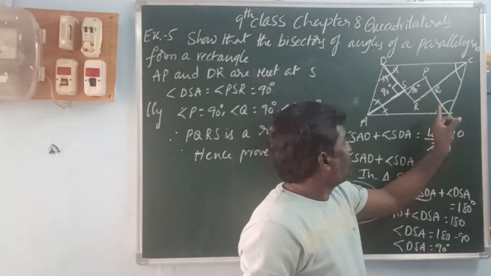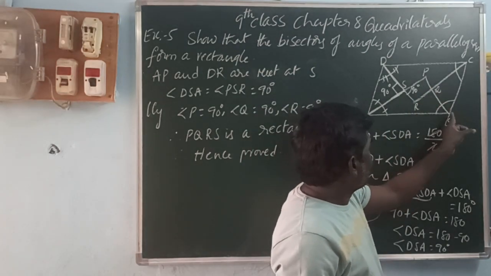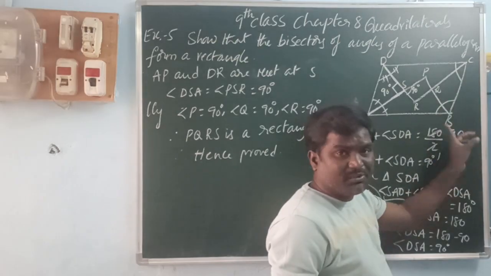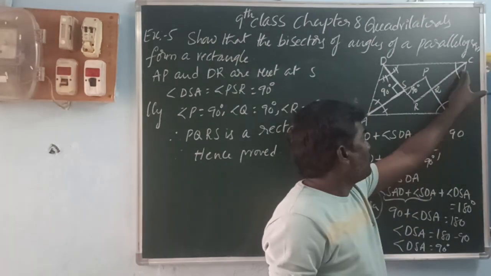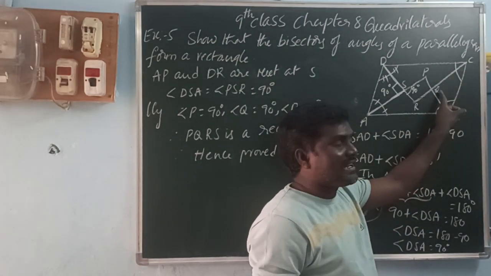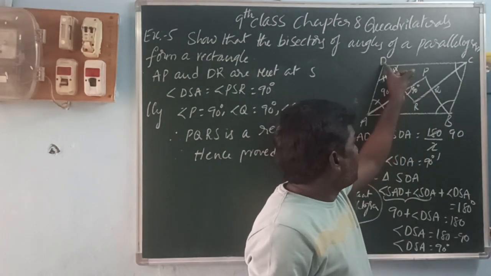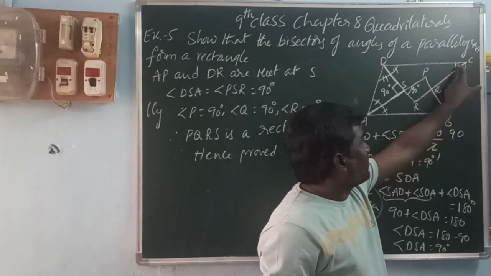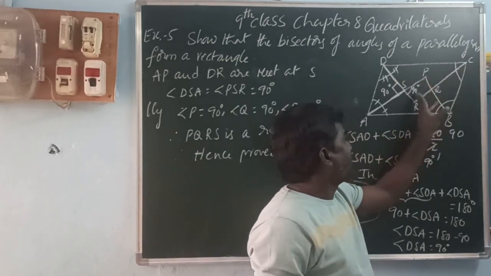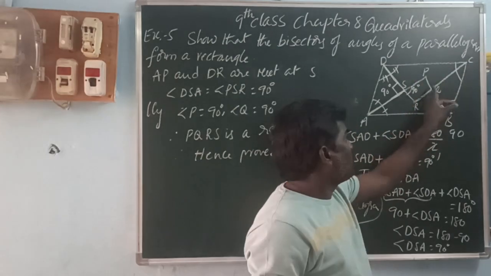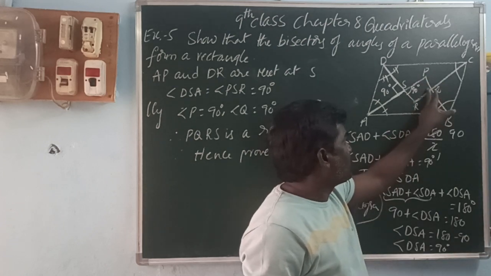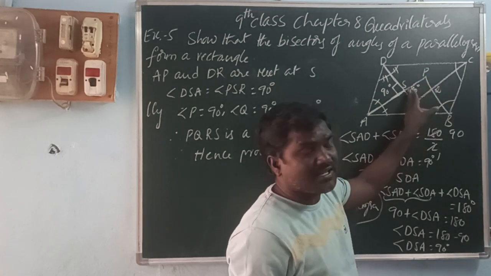Same in triangle BQC, these two angles sum is 90, then this angle is 90 degrees. Same in triangle DRC, these two angles sum is 90, this angle is 90. So in PQRS, angle P is 90, angle Q is 90, angle R is 90, angle S is also 90.